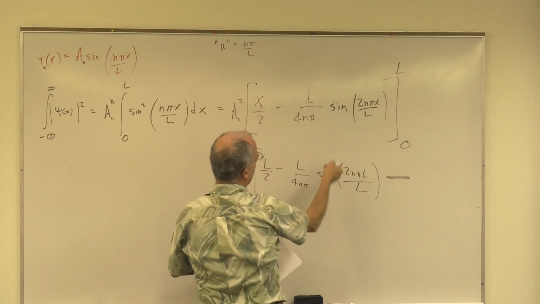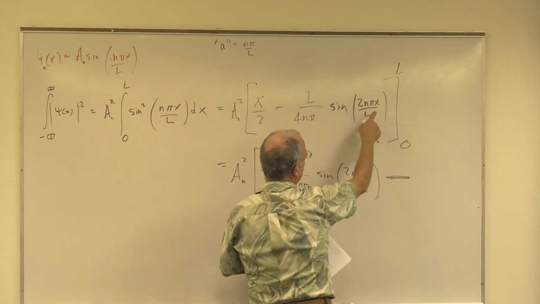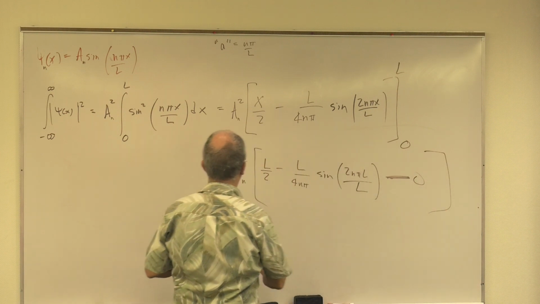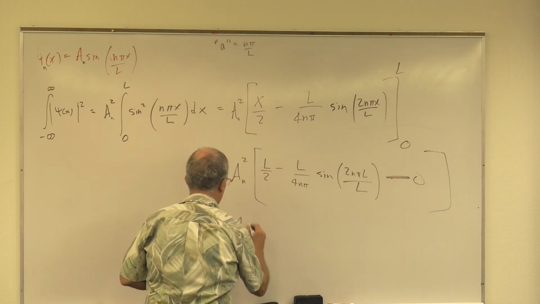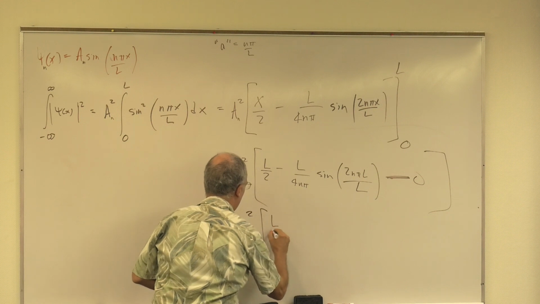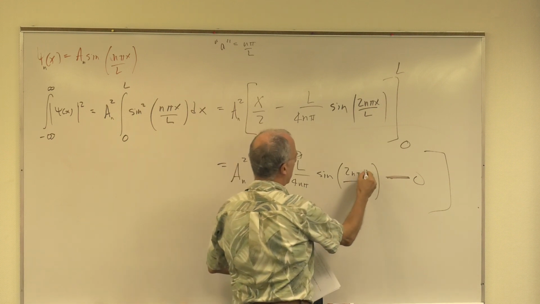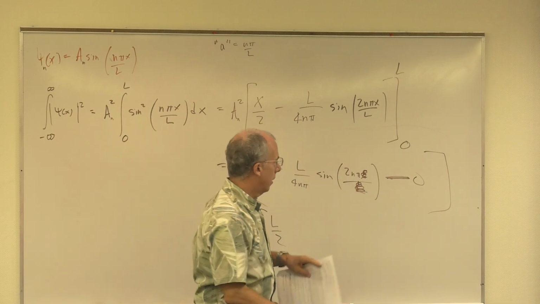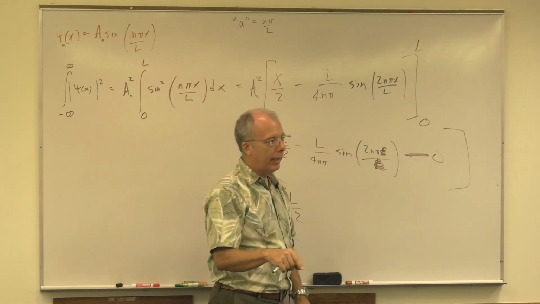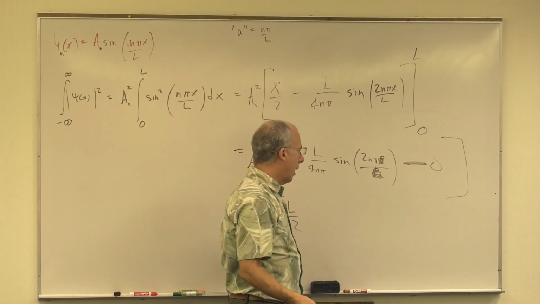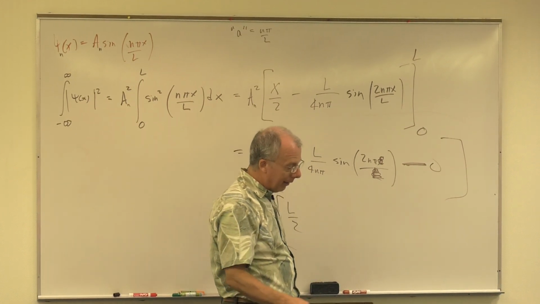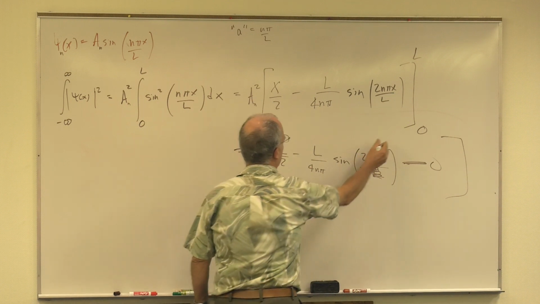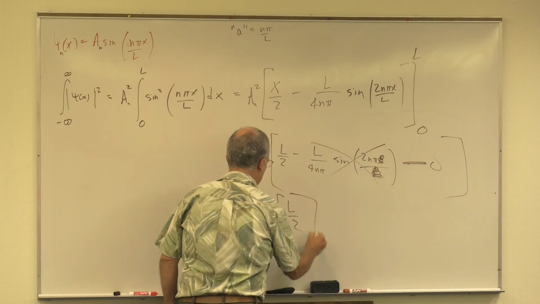So 0 over 2 is 0, and sine of 0 is 0, so it's just 0. Now hold it, we're not done yet. A n squared times L over 2. Now what's this sine term? The L kills the L, and n is an integer. So this is sine of 2 pi, 4 pi, 6 pi, and what's all that? 0. So this goes away, and we're just left with that.